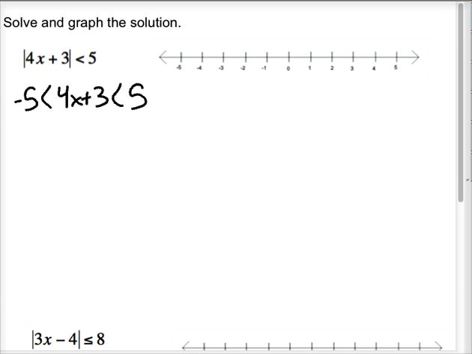So the cool thing about solving these is these are the component inequalities that we dealt with a few lessons ago. So now, as I'm solving for x, all I have to do is do the same thing to both sides, and I've got it. For example, I need to subtract 3. Well, I just subtract 3 everywhere. I need to divide by 4.